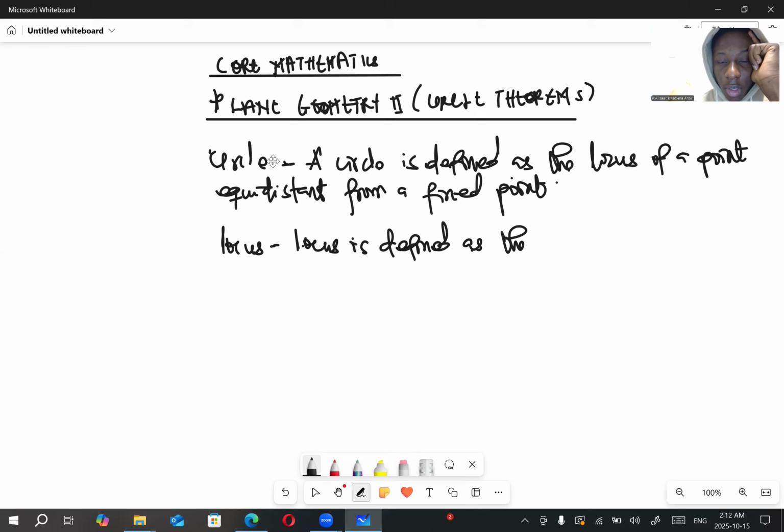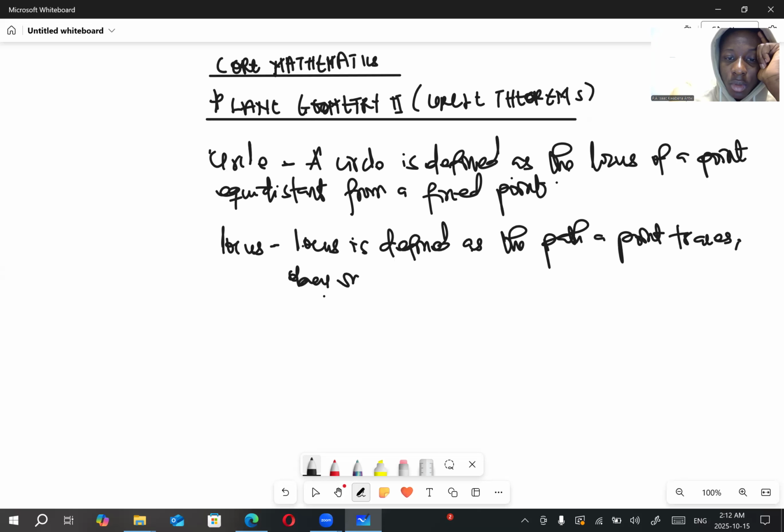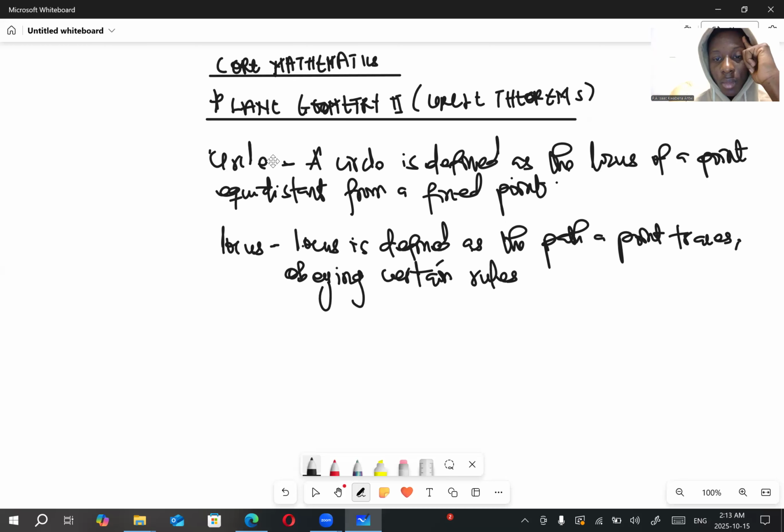Locus is defined as the path a point traces, obeying certain rules. Let me know when you are done. I'm waiting for you guys. So I said locus is defined as a path a point traces obeying certain rules.